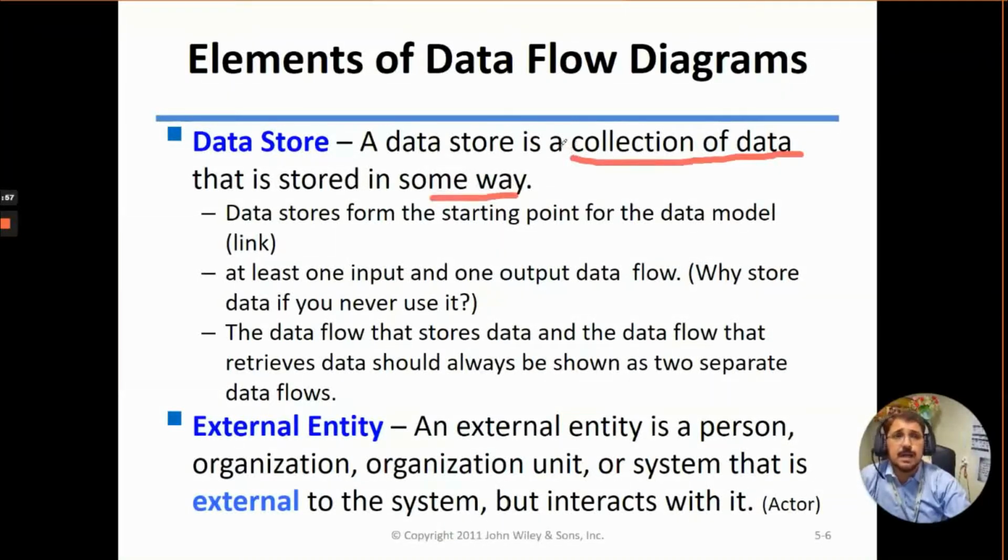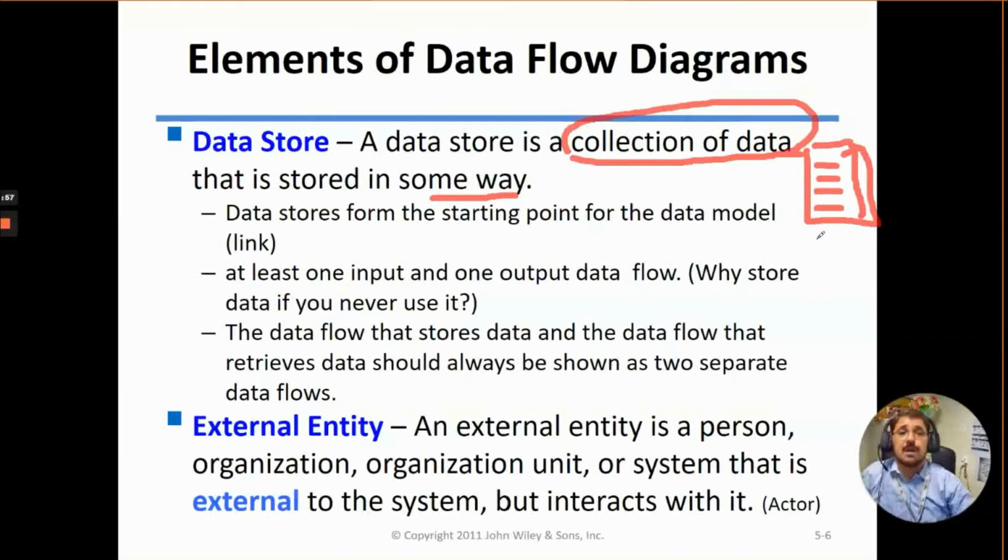A collection of data is actually like a database. And what is a database? It may be a collection of information, a collection of items, but it is a bundle of a lot of information stored at one place.